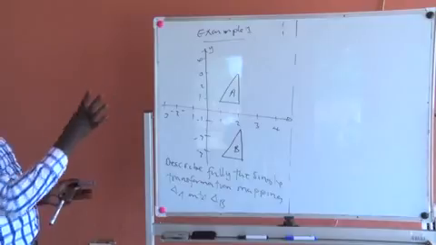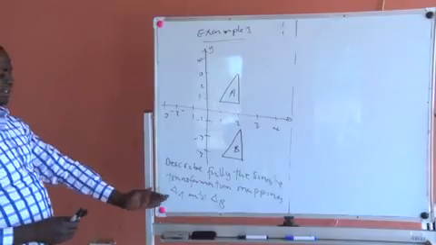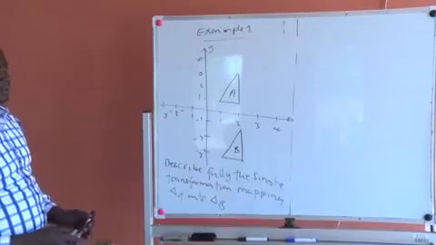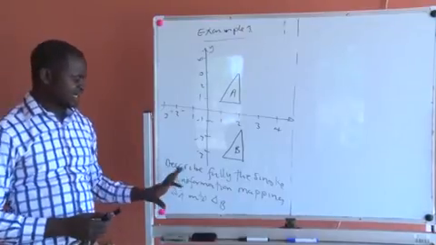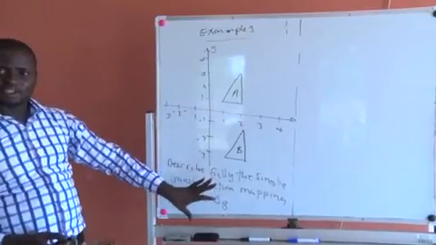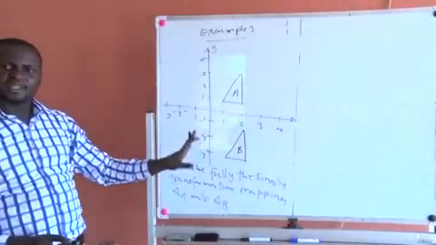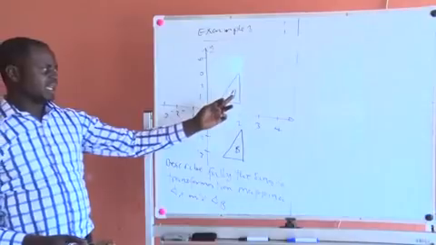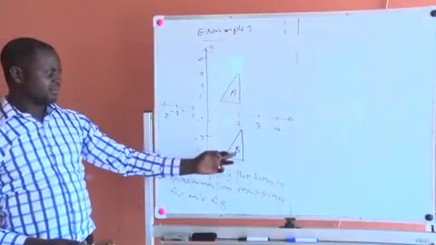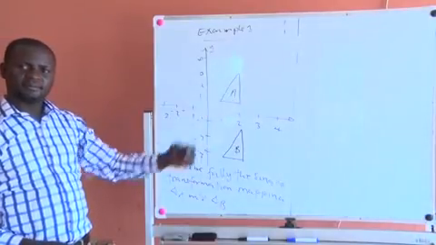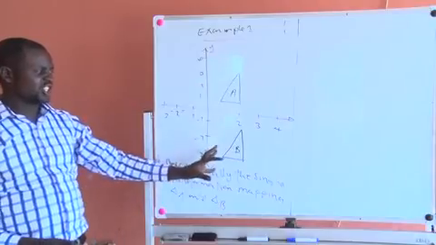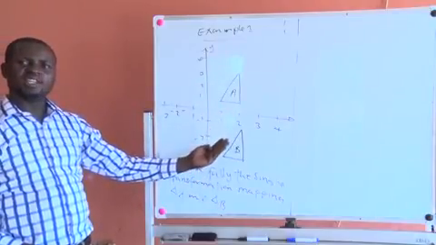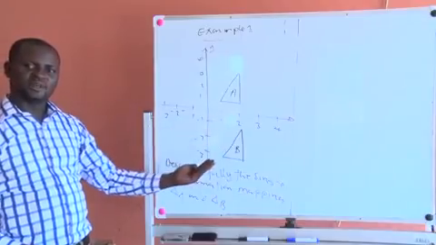So first of all, when you are describing, you have to ask yourself the question, am I dealing with isometric or oblique? Looking at A and B, they look the same. So it means there was no change in shape and size after transformation. It means I'm dealing with an isometric transformation.